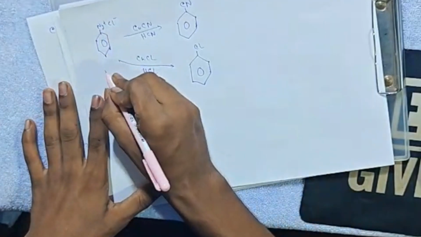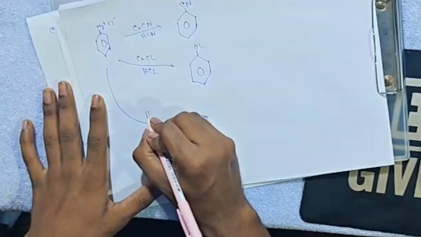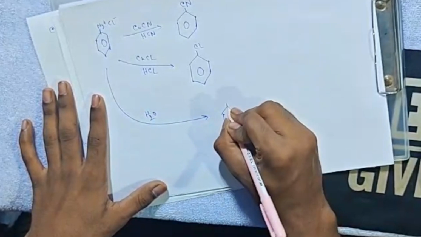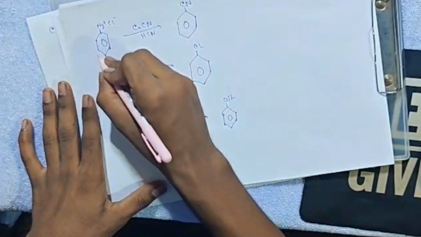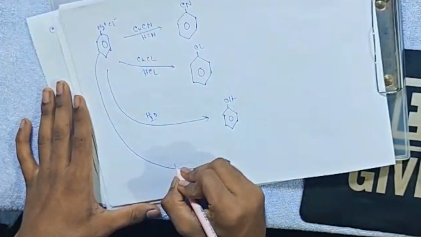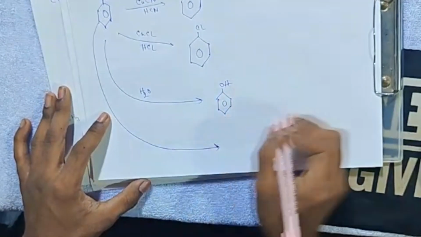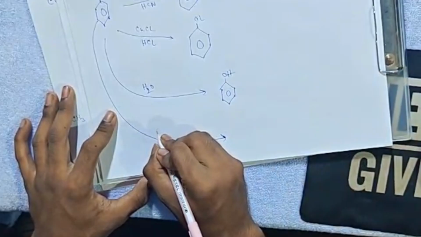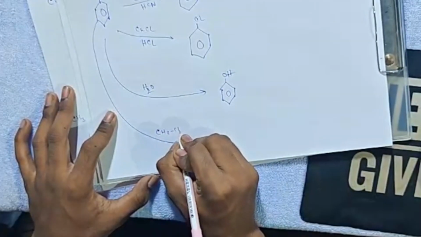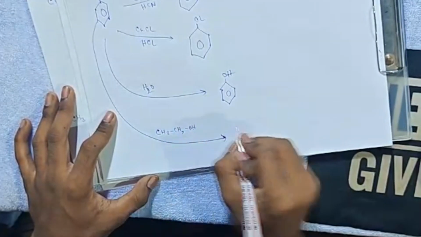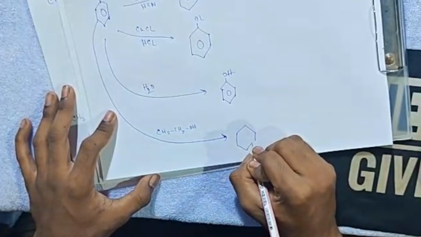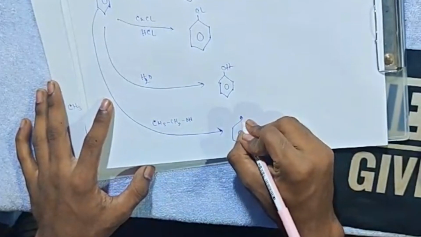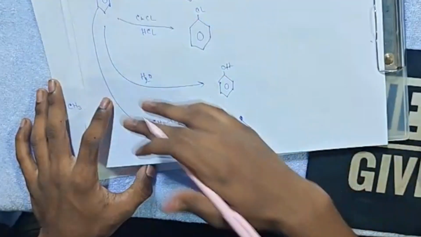If you give water, only OH will get attached. If you give ethanol, that is CH3CH2OH, it will form just benzene.